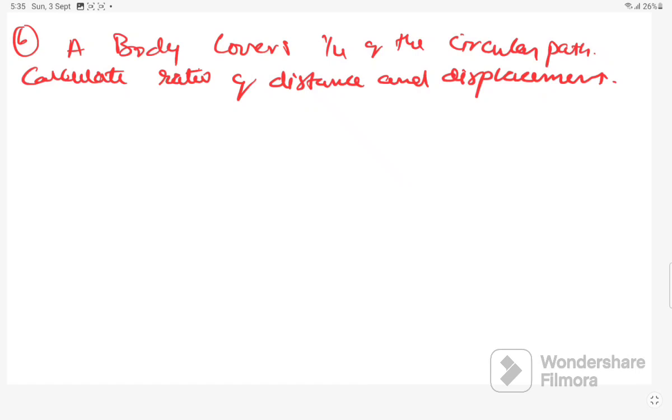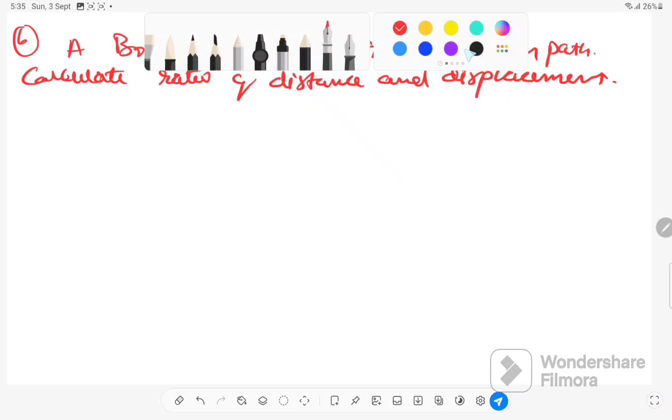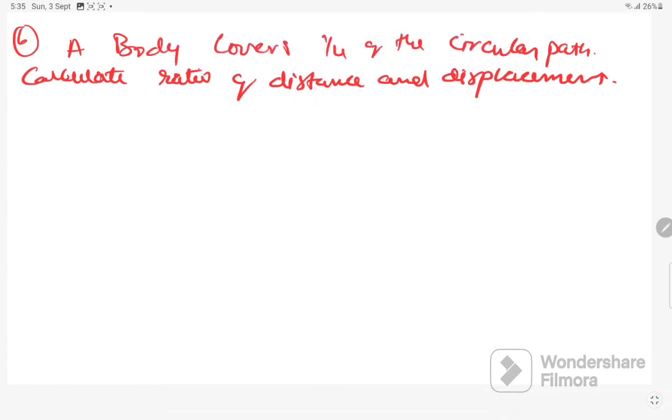So the important point is to understand the diagram first of all. See, student, there is one circular path. Now, a circular path can be divided into 4 parts.